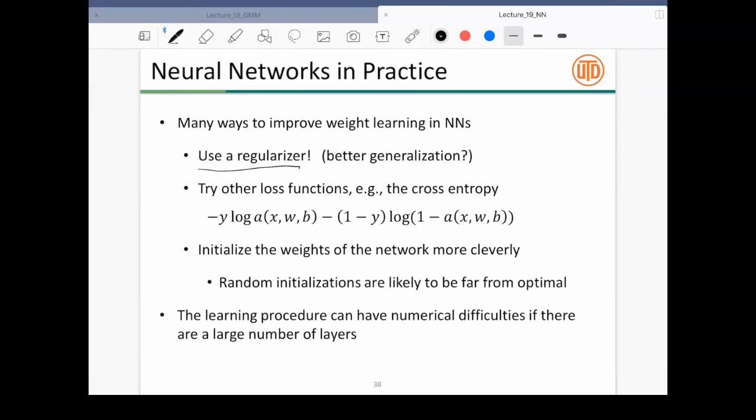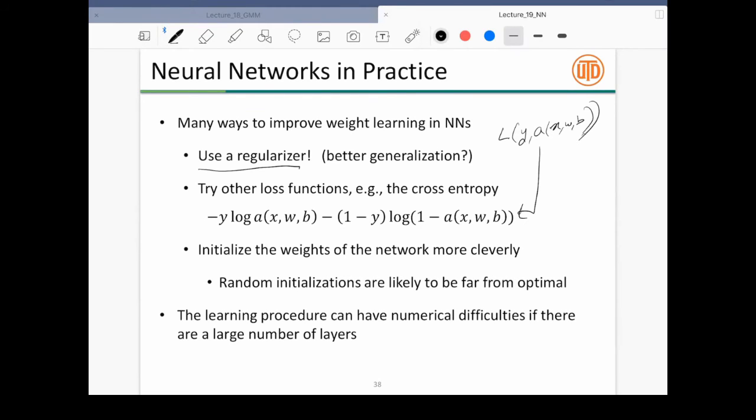Another thing, as I alluded to, is that we looked at the computation for the square loss, but we can have any loss function of y comma a of x comma w comma b. In particular, one very common loss is the cross entropy loss. So you can do very similar math with the cross entropy loss and compute the gradient descent updates with it.